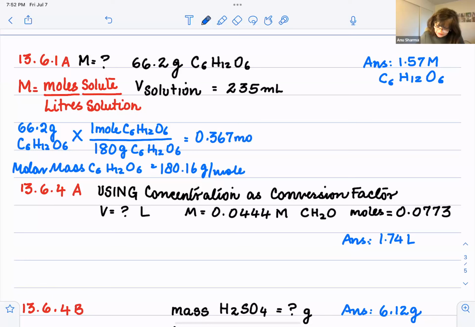So this is the moles. Another thing that you're going to do is convert the milliliters to liters. We know that 1 liter is equal to 1000 milliliters.